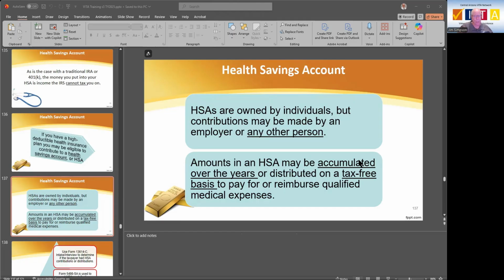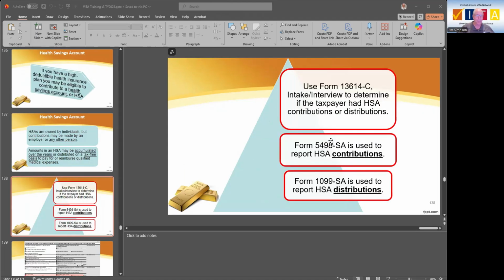Quite often your employer is contributing to it, but Aunt Jenny could contribute to it if you want. It's as if Aunt Jenny gave you a gift, which is not taxable, and then you put the money in the HSA and you get a tax deduction for it. You can accumulate this money over the years, and it then gets distributed on a tax-free basis to reimburse you for your medical expenses.